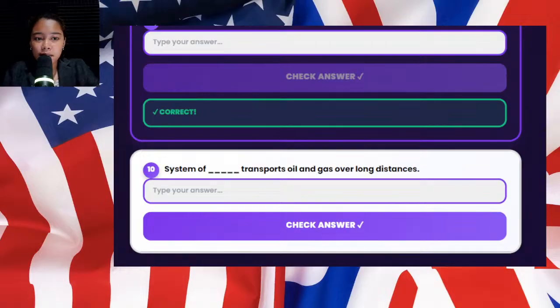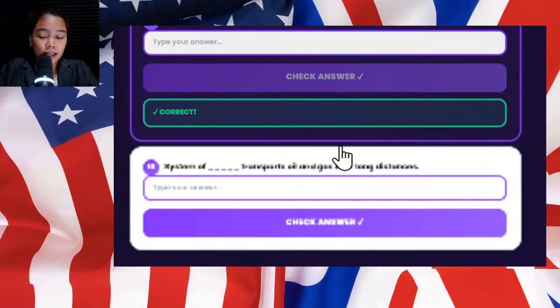Again, the item says it is a system of blank. We're referring to something here that transports oil and gas over long distances. So what should be our answer here?